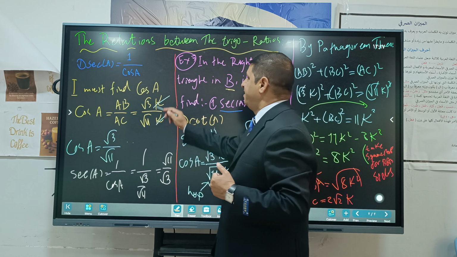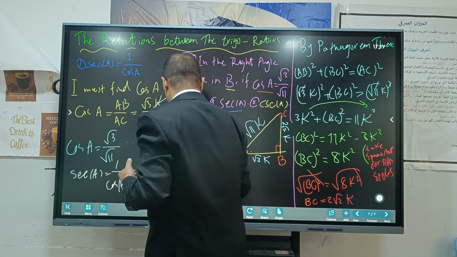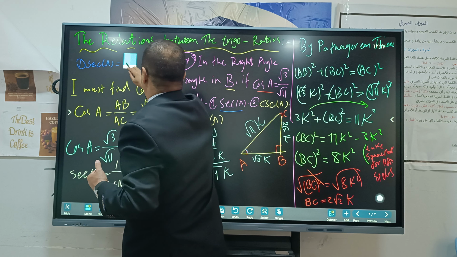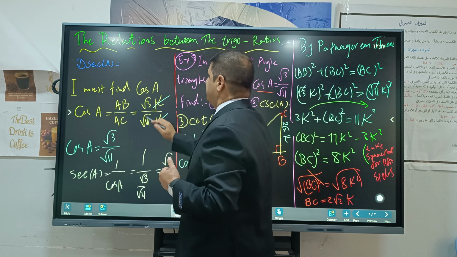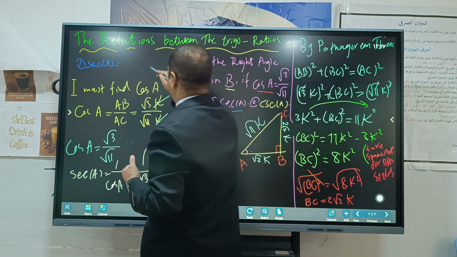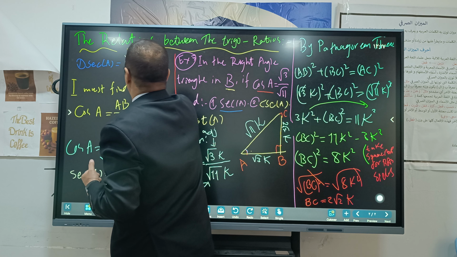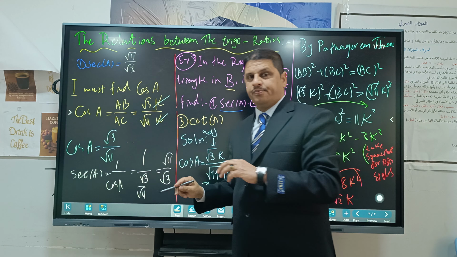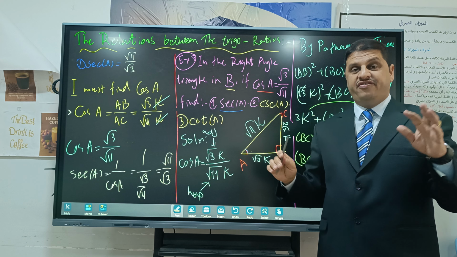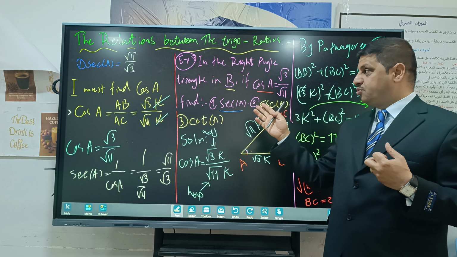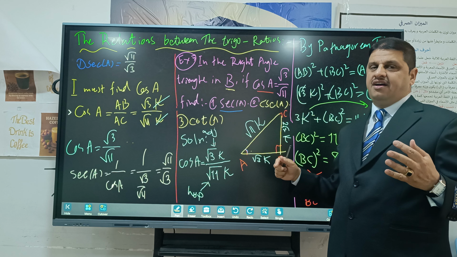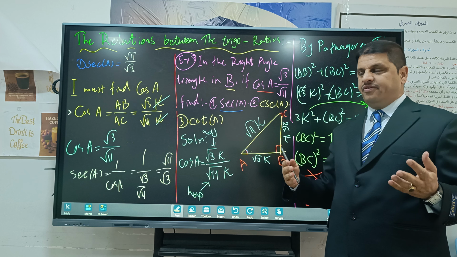Here is the quantity of secant of A, square root of 11 divided by square root of 3. You know it? If you didn't understand this method, I can explain more for you.